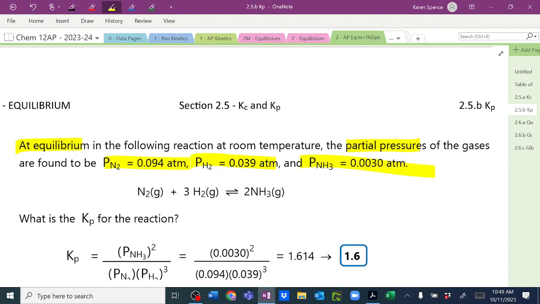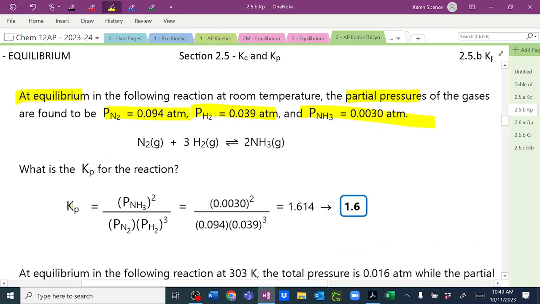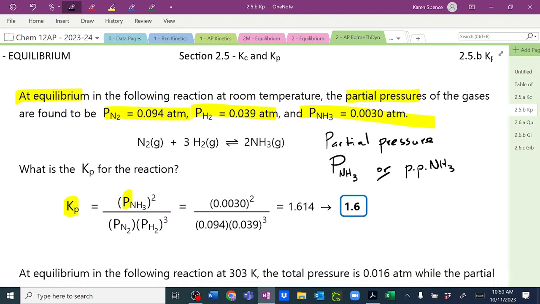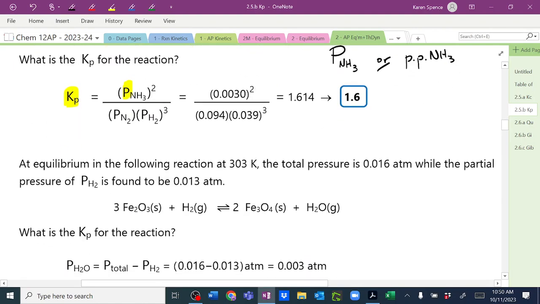Yes, easy, because you just write your expression, which is just like Kc, except you use P. Now, for partial pressure, you can either write P NH3, but you'll also see it written as PP NH3. Either of those is correct for partial pressure of NH3.